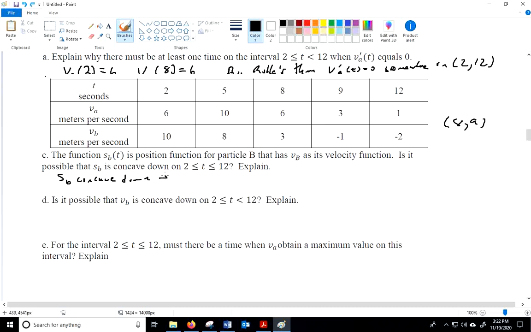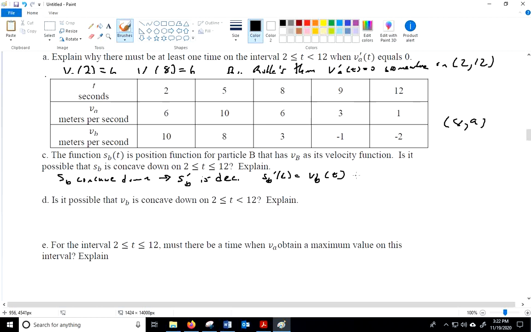The definition of concavity means that S prime of B is decreasing. To be concave down, S prime of B must be decreasing. Well, what is S prime of B? S prime of B is equal to V sub B of T. Well, is it decreasing? Yeah, it is decreasing.